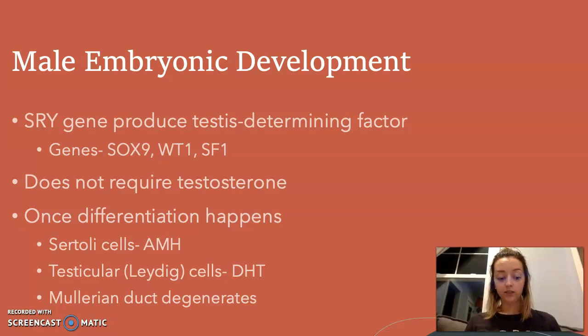Interstitial Leydig cells secrete androgens, which are testosterone and dihydrotestosterone, or DHT. Testosterone causes the Wolffian ducts to continue to develop into the male accessory reproductive structures, and the remaining sex characteristics, such as external genitalia, are controlled mainly by DHT.